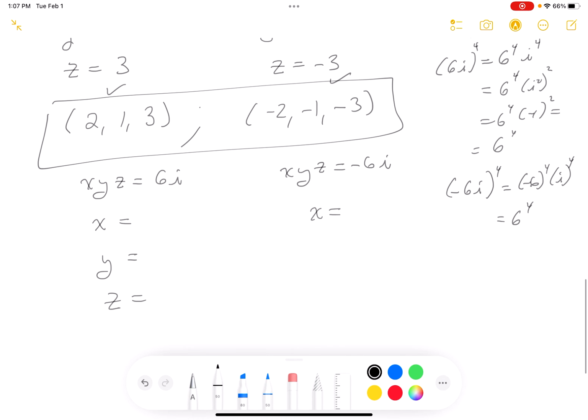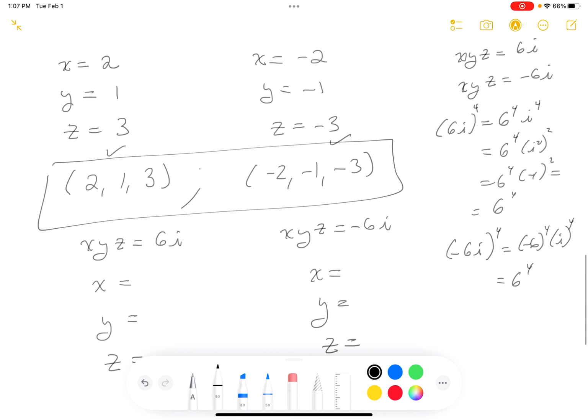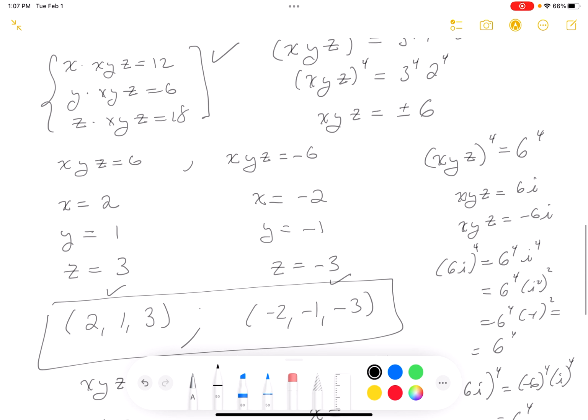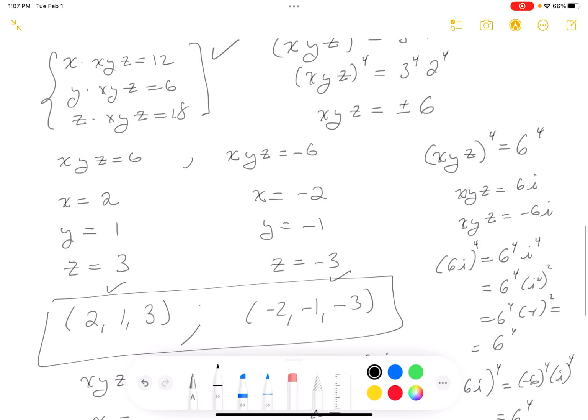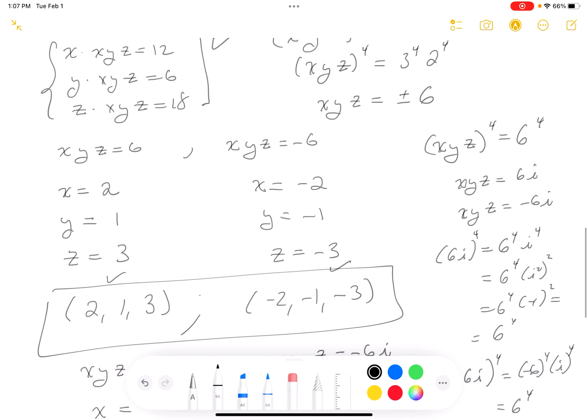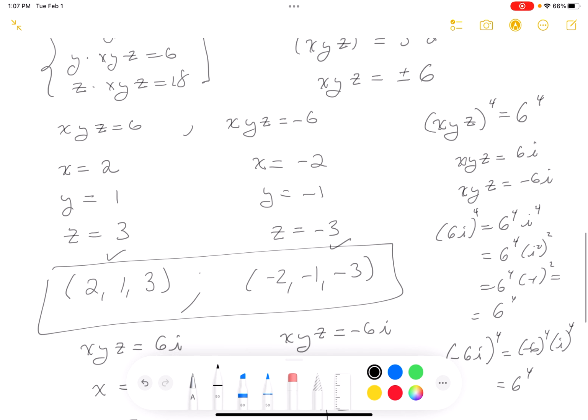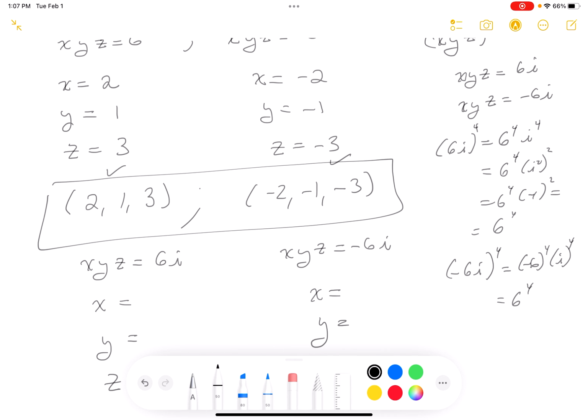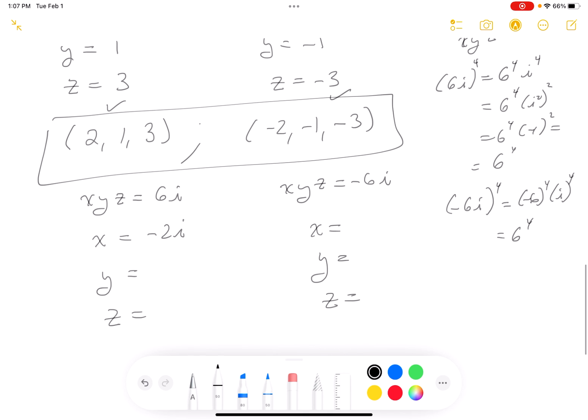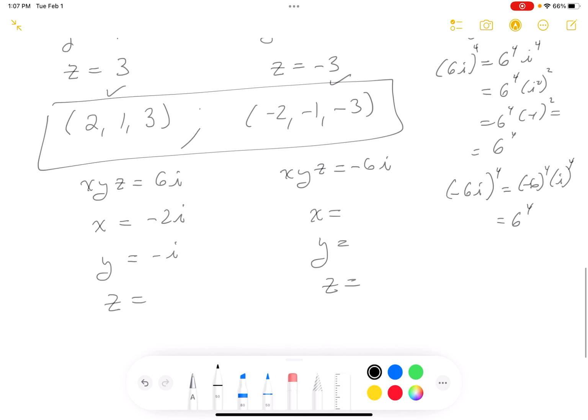And we're going to write x, y, and z here. Well, if x is 6i, oh boy, that's going to be a tough one, isn't it? So if xyz is 6i, what would you get? That would be minus 2i. And this would be minus i. Not so bad, I guess.